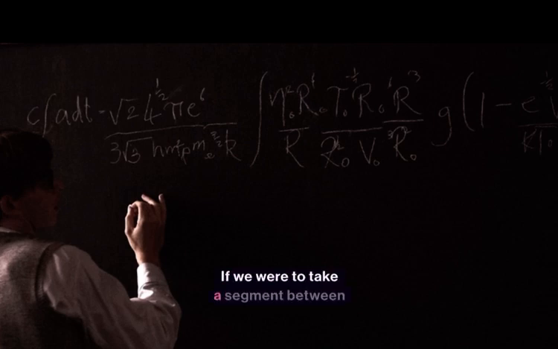If we were to take a segment between A and B, we can always cut it in half and then cut that in half, and so on forever. This infinite process of division is what determines the continuum of real numbers. If space is continuous, then every line segment in that space contains infinitely many points.